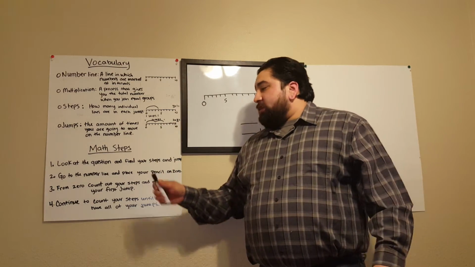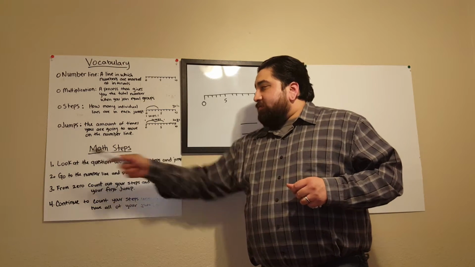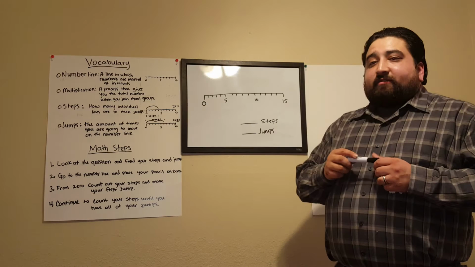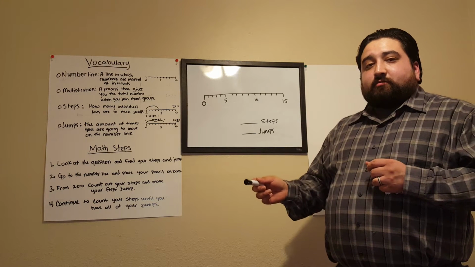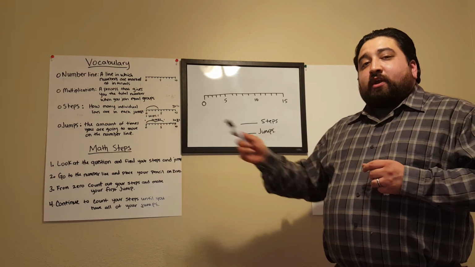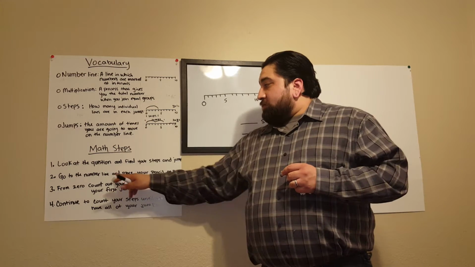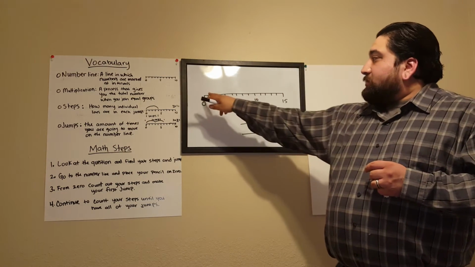Now let's go over our math steps. The first math step is number 1: look at the question and find your steps and your jumps. Once you have your steps and your jumps written down, you can move on to math step number 2, which is go to the number line and place your pencil on the 0.